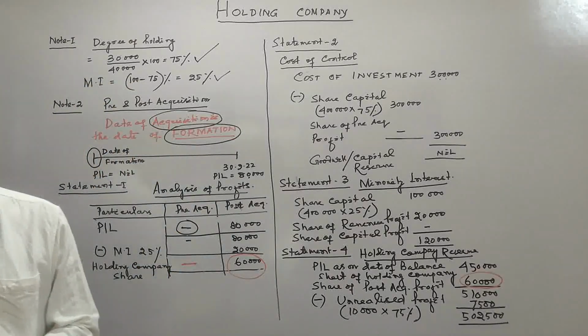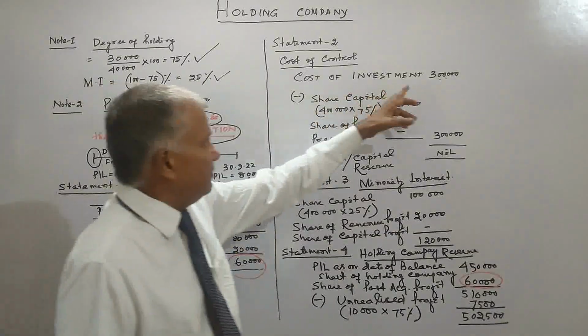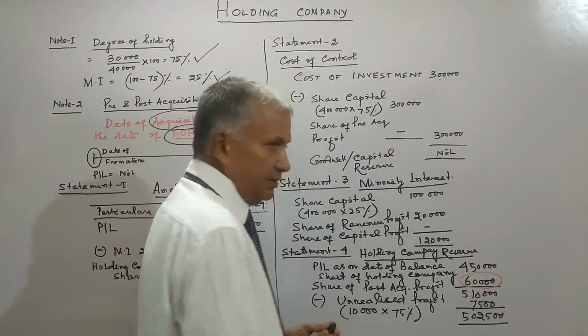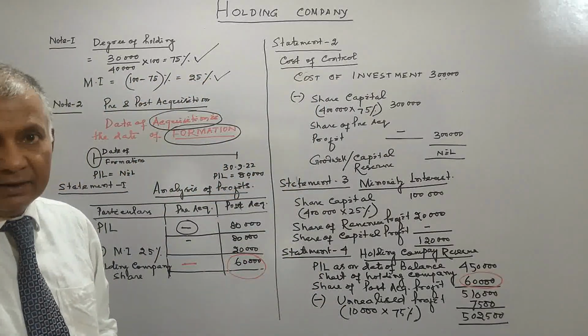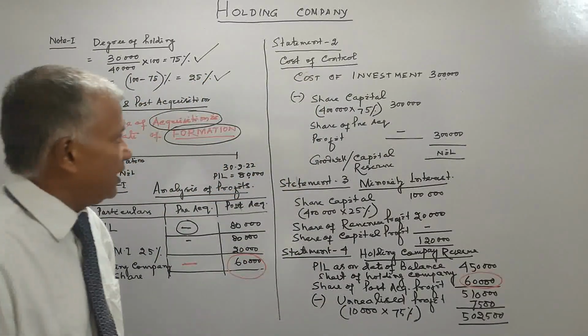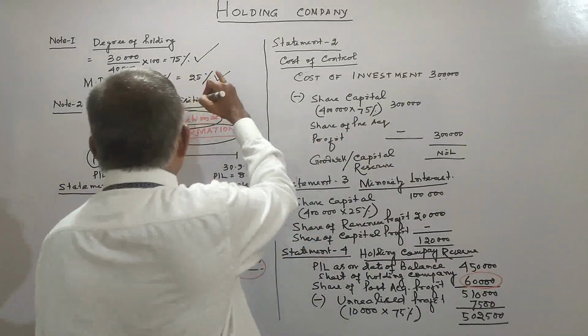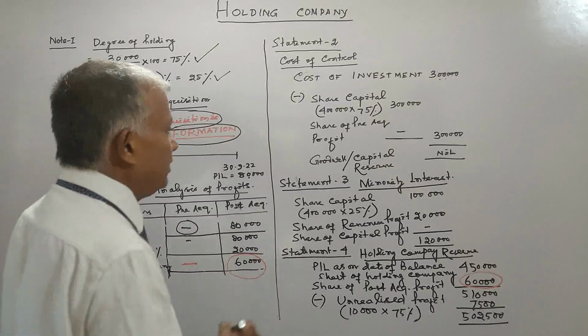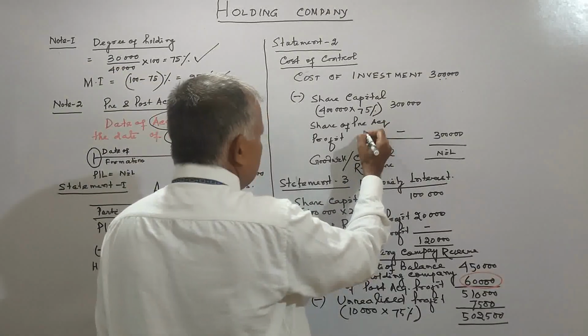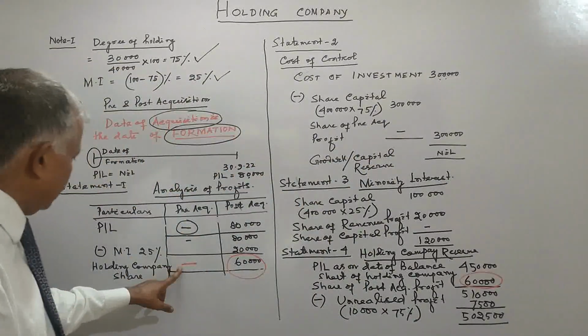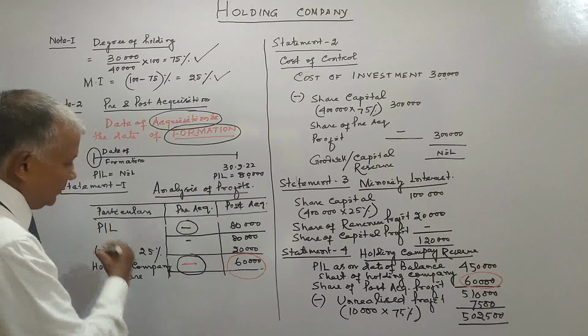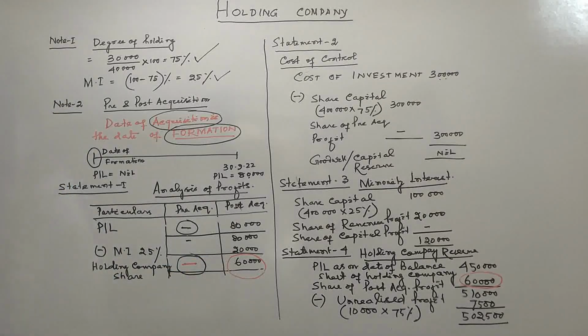If you see the balance sheet, the cost of investment is rupees 3 lakh, as given in the balance sheet of A Limited. Share capital 4 lakh at 75%, your degree of holding, is 3 lakh. Share of pre-acquisition profit: pre-acquisition profit is nil here, therefore the share of pre-acquisition profit is also nil.